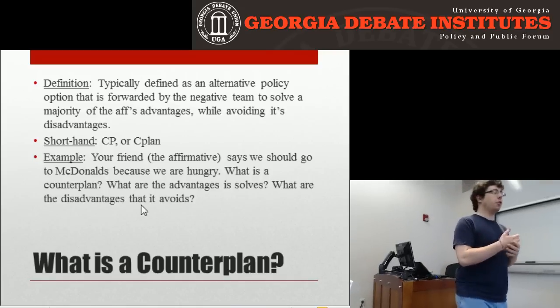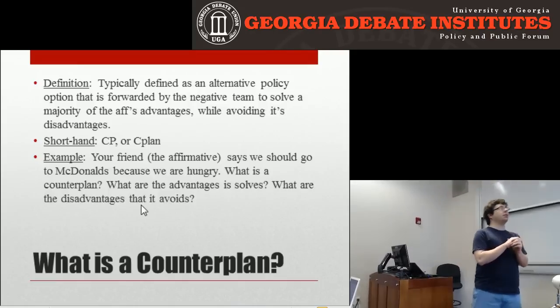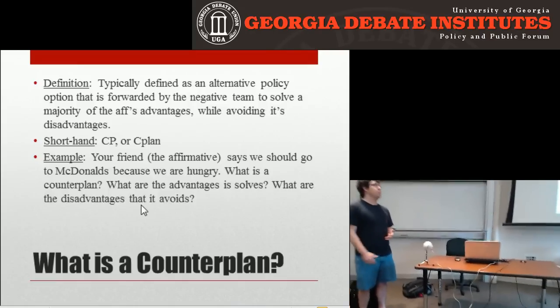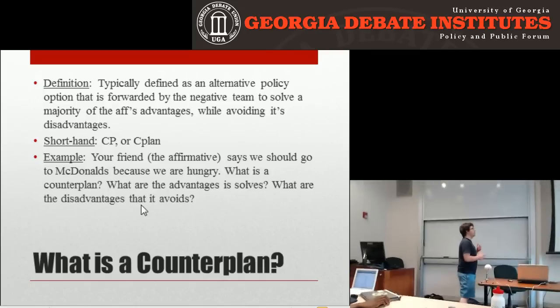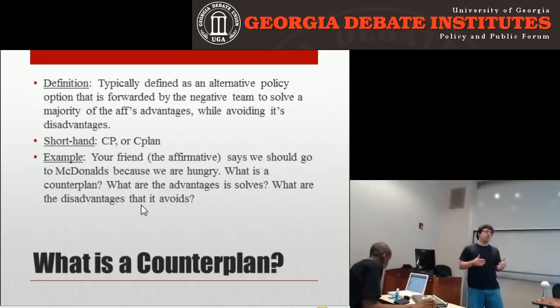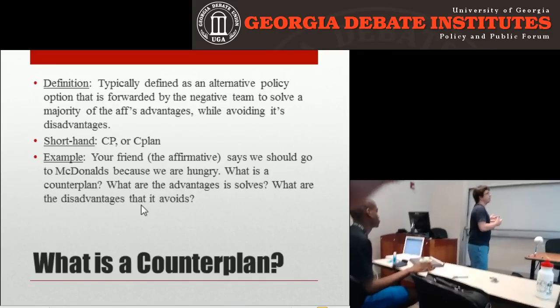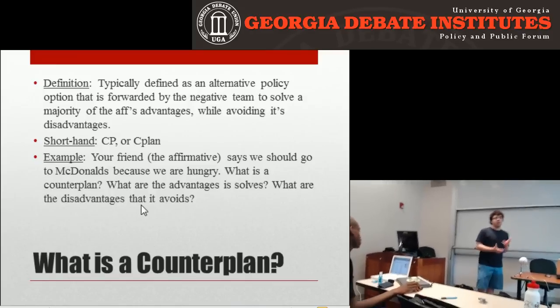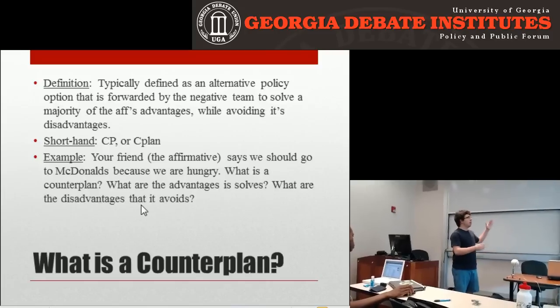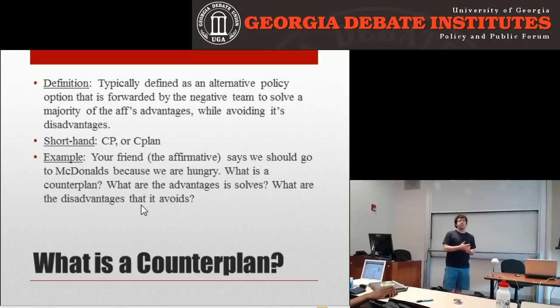For some of you who don't necessarily have debate experience or haven't dealt with a counterplan, the easiest example to understand is, let's say you have a friend that really wants to go to McDonald's, and the reason he or she wants to go is because they're hungry, and McDonald's will fulfill their hunger. The usefulness of a counterplan is that you can see there are other ways to fulfill your hunger.